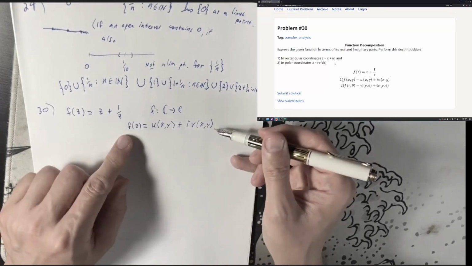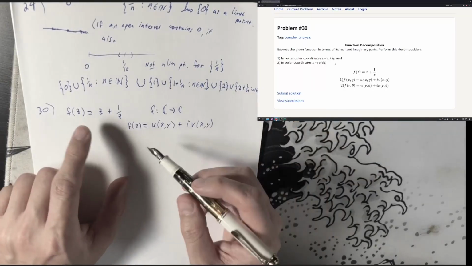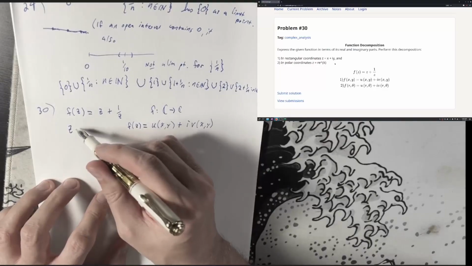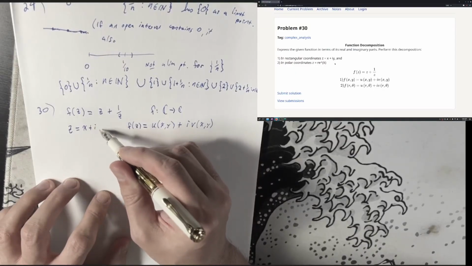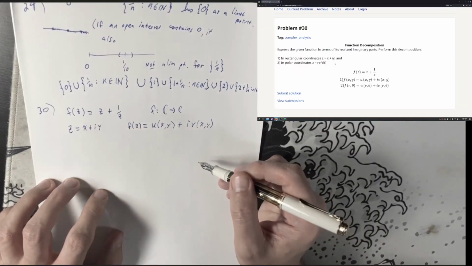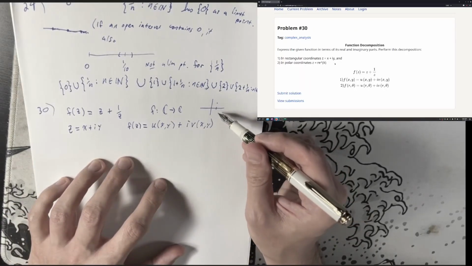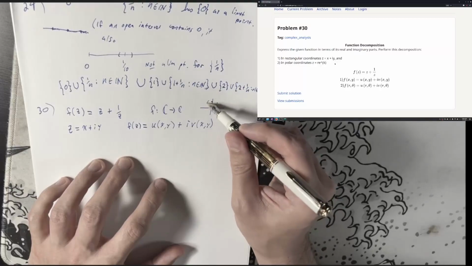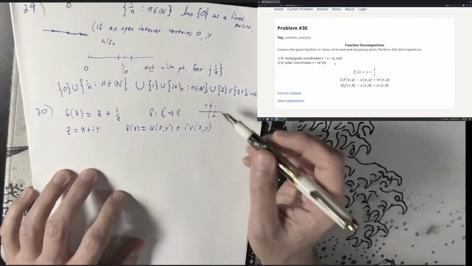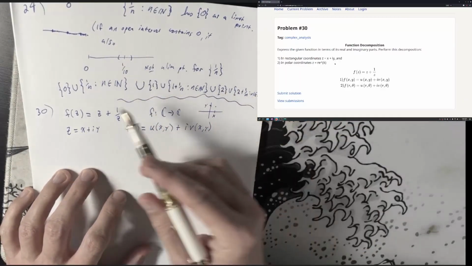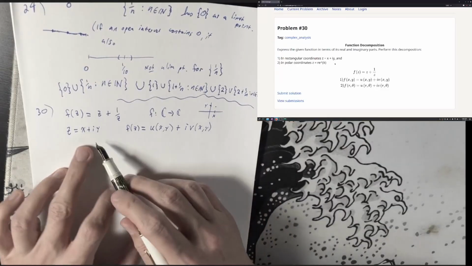So let's first do it in rectangular coordinates like this. So we just stick with x and y. So I'm thinking of z as this in rectangular coordinates in the complex plane. So x units to the right and y units up. And that's how I'm picturing a typical input from the complex plane.